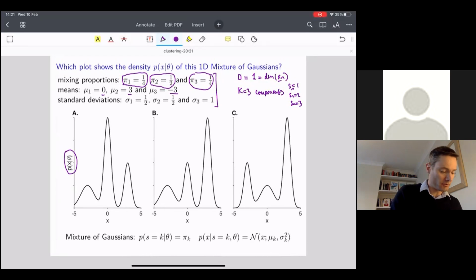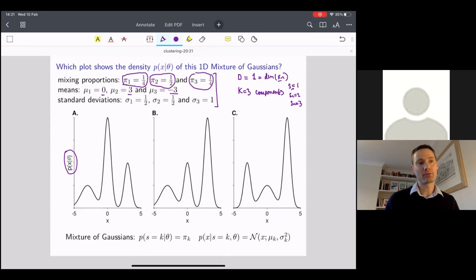Just to remind you, I've specified the probabilistic description of the mixture of Gaussians model at the bottom. So if you could pause the video, try and work that out for 30 seconds, and then we'll run through the solution. Great. Well, I hope you attempted that solution.